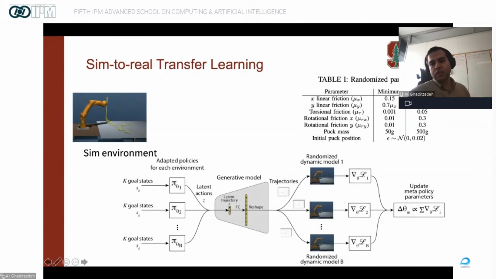So we randomly change the dynamical parameters of the simulator with values in the range given by the minimum column and the maximum column. Therefore, now we create, let's say, thousands of simulation environments, each of which is different from the others, because the physical parameters of the simulation are different.